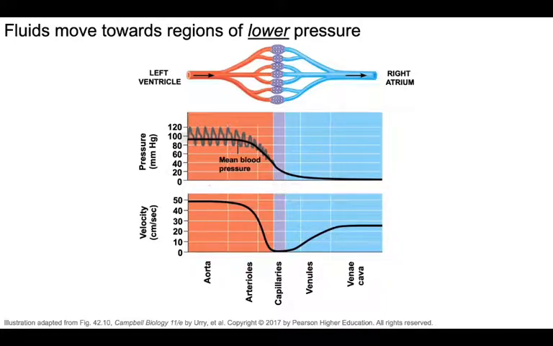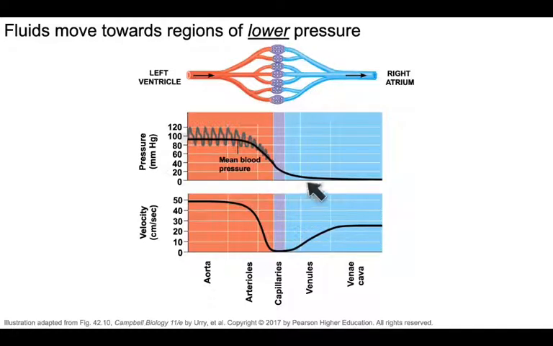Now, something that you may recall from physics is that fluids will move towards regions of lower pressure, right? Fluids move toward regions of lower pressure, and blood obviously is a fluid. And so what's going to occur is it's not the velocity of blood that is going to bring it to a halt in the capillaries, right? Blood actually doesn't do that.